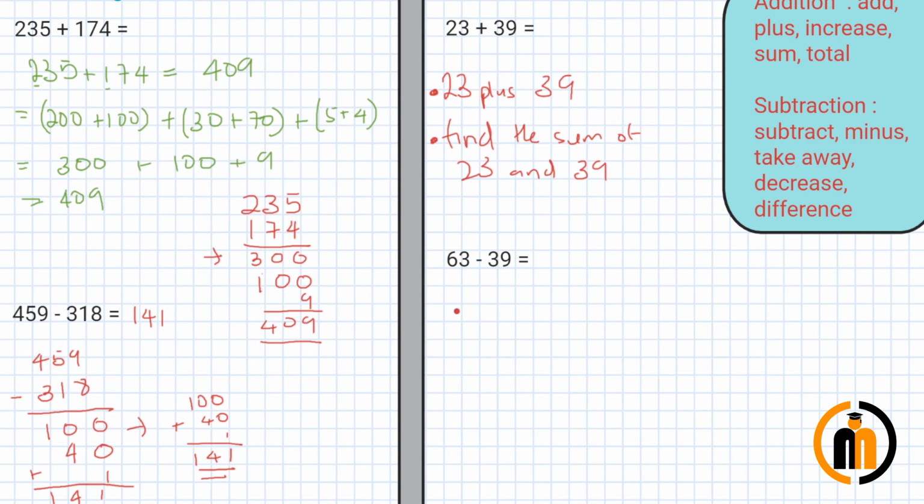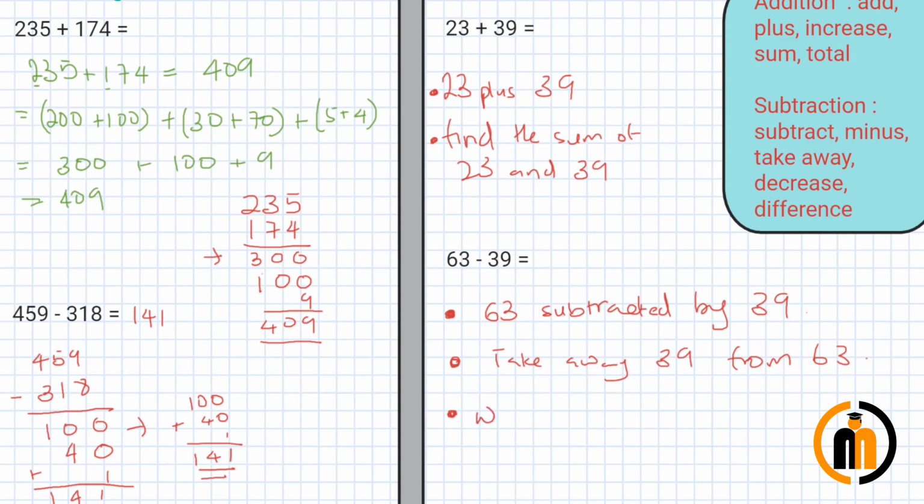Now similarly for subtraction, we have a few words, like I said, subtract, minus. So we can say 63 subtracted by 39, this is one way, or take away 39 from 63. These all mean a similar thing.